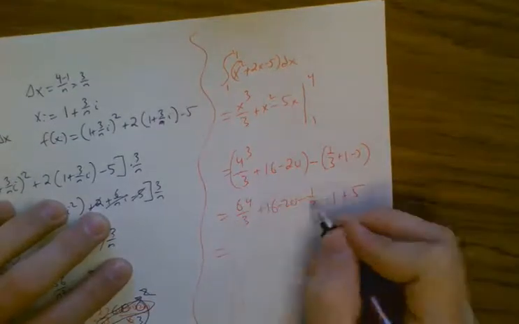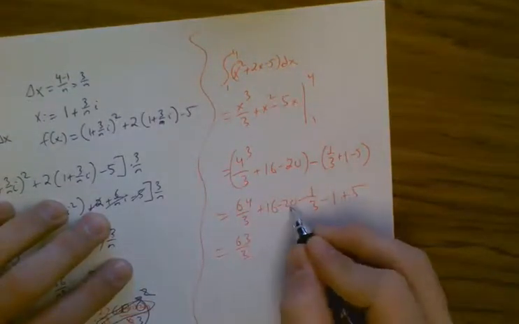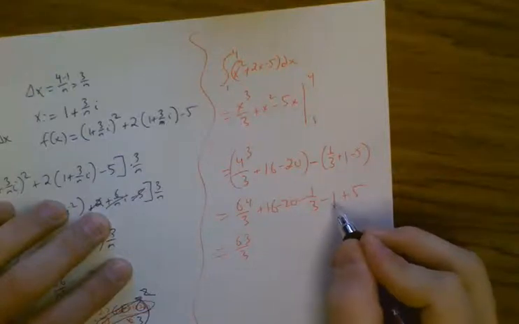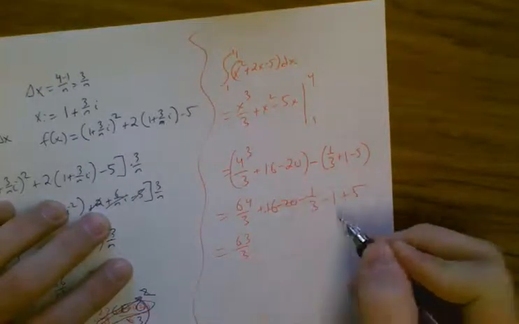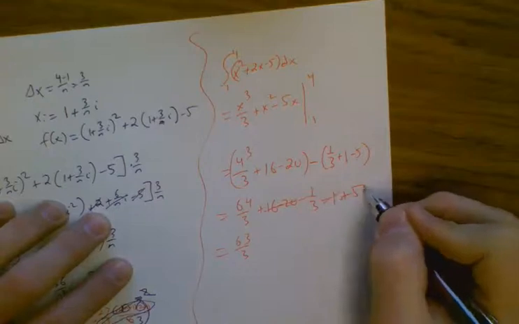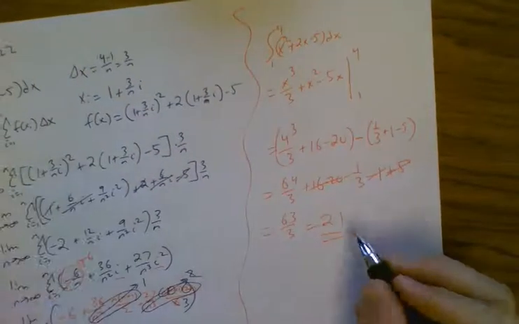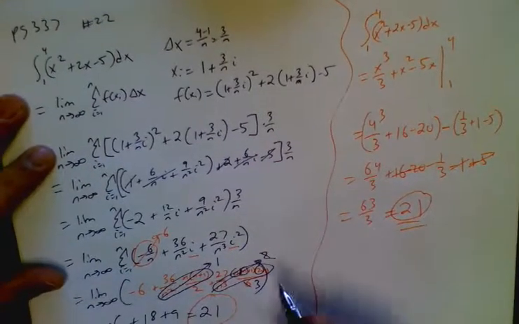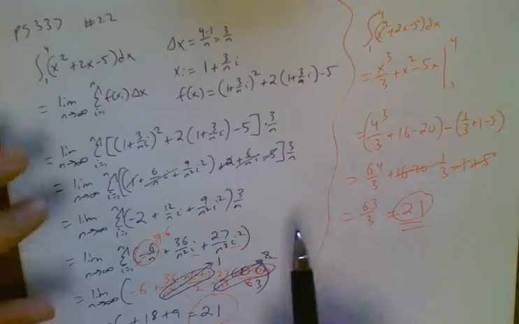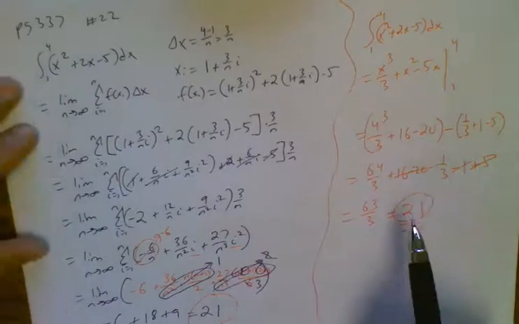So that's 64 thirds minus 1/3 is 63 thirds. 16 minus 20 is negative 4. Negative 5, these all just cancel: 16 minus 20 is negative 4, negative 5 plus 5 is 0. 63 thirds is 21. Hey, how about that?